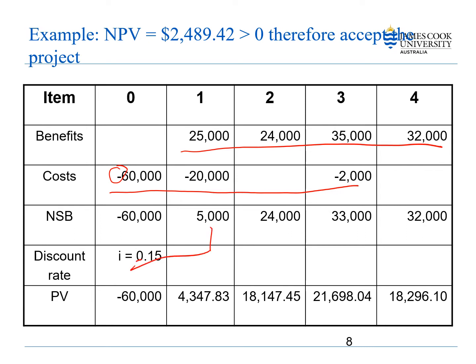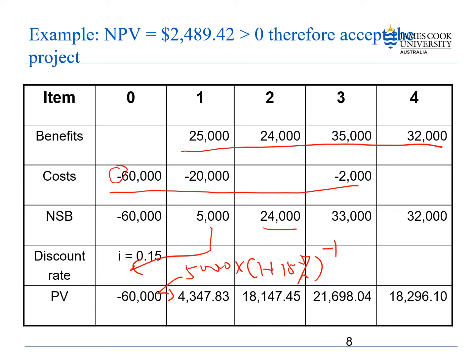So for the $5,000 in year 1, the present value is 5,000 times 1 plus the discount rate, which is 15%, raised to the power of -1, and that's 4,347.83.